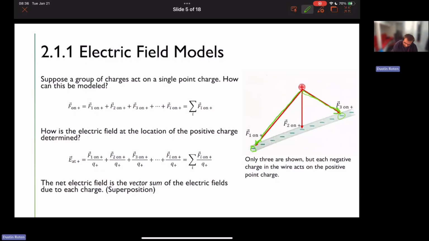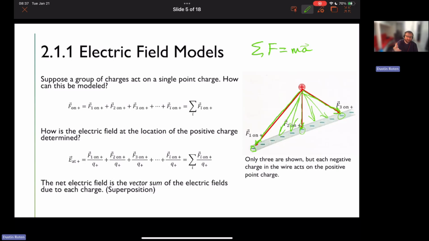We also have this middle charge, F2, on the positive charge, which is trying to pull it straight down. And you see that if we drew all these in here, it's going to get really sloppy, right? But what we can do is add up those individual forces, just like Newton's second law. Sum of the forces equals F equals ma.